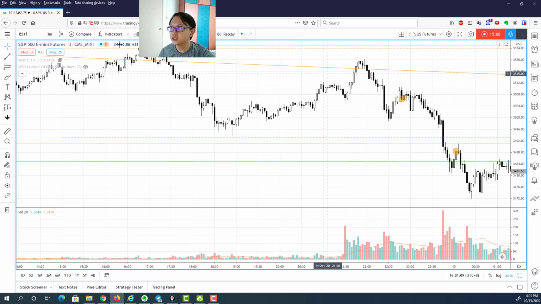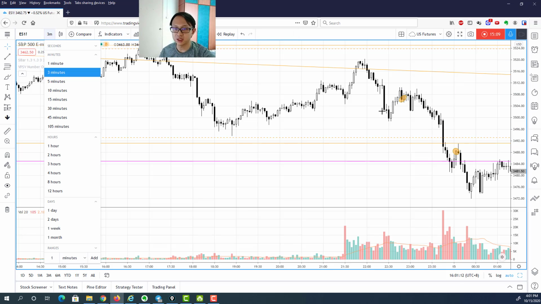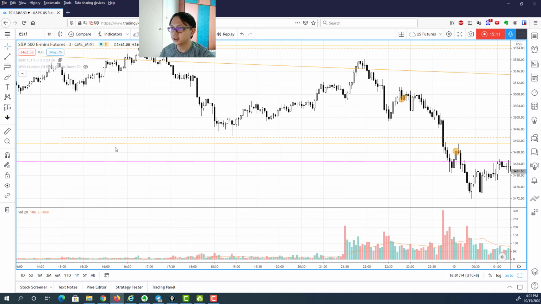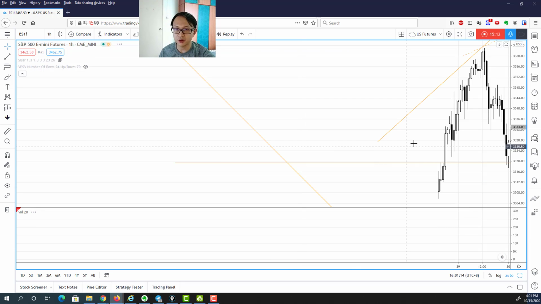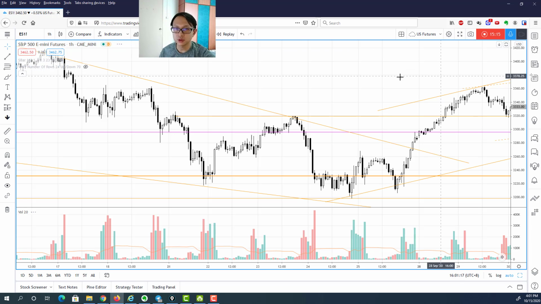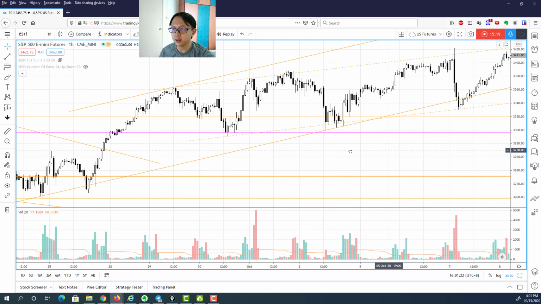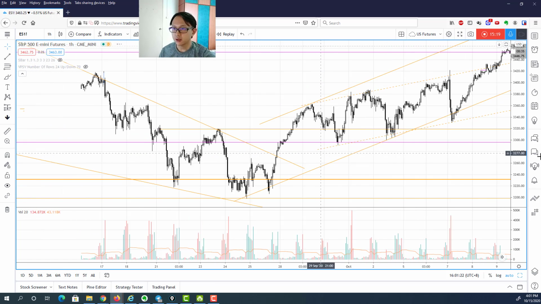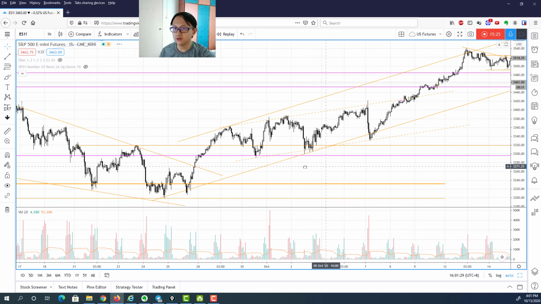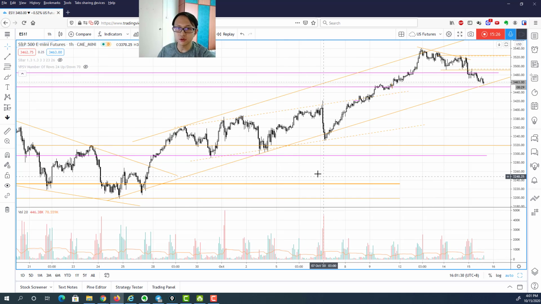Alright, so let me just switch to the hourly time frame, and let's talk more on the current market outlook and also my trading plan together with some of the levels that I am watching. Before I talk about my trading plan, let me give you a bit of the zoom out view or the overview of the picture.